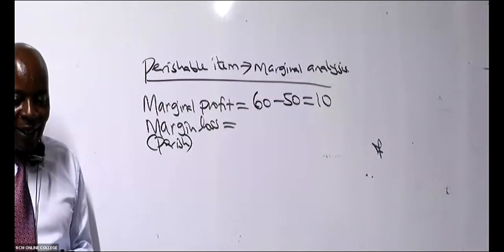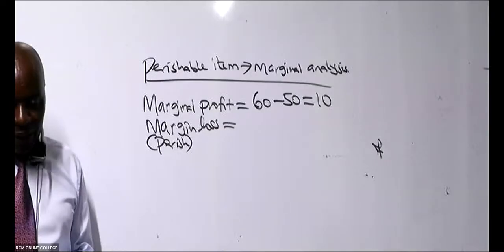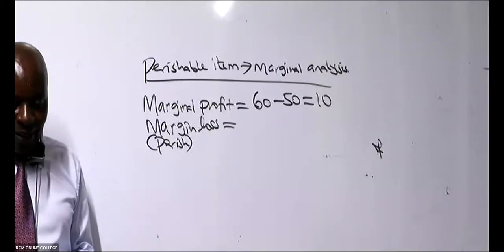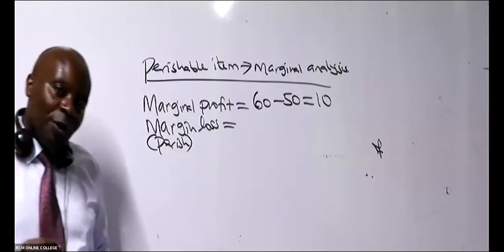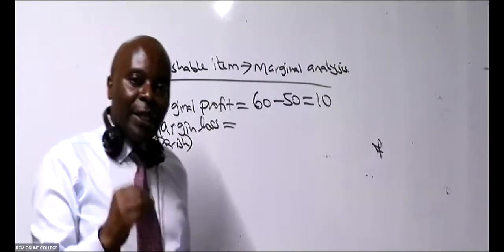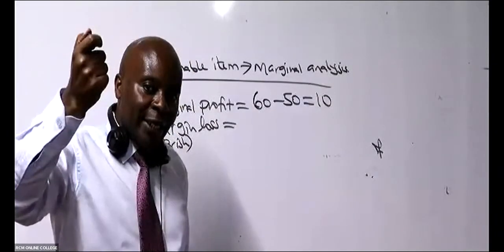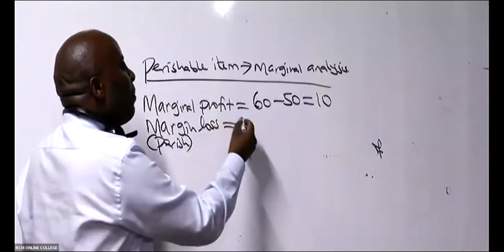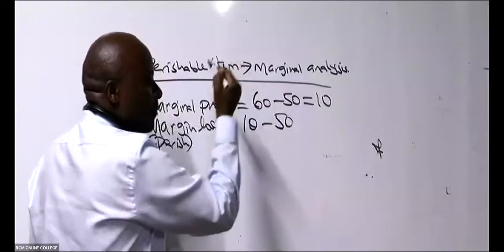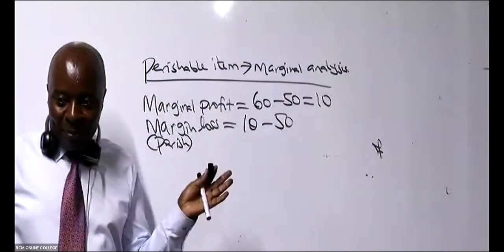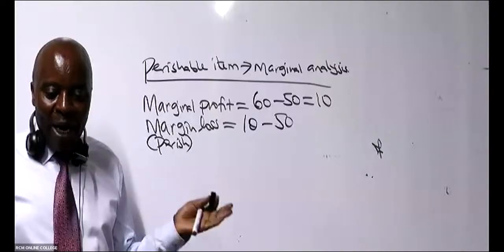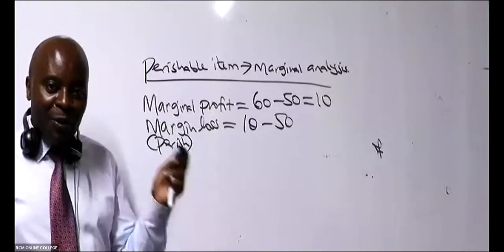Remember, in the event they are not able to sell the newspaper today, they shall sell it tomorrow for 10 bob, and they had bought it for 50.